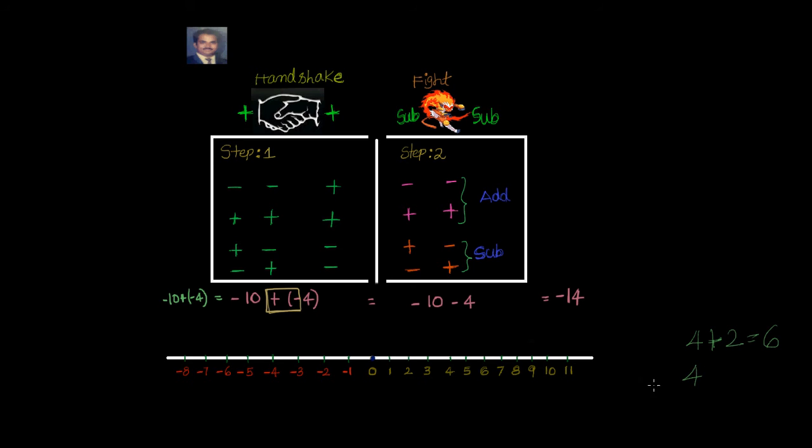Similarly, if I have to subtract from 4, I go in the opposite direction 2 steps, so I will get 2. That is fine, but now I am learning negative integers, and I see so many signs. It's getting very confusing. Can you help me out?